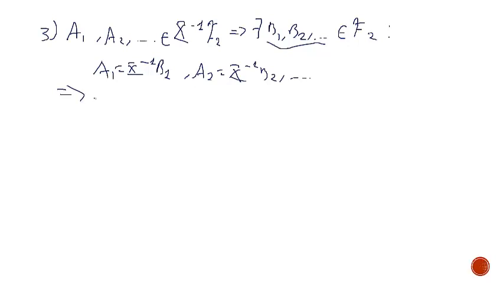So we have this union is in F2. Then the preimage of this union is in F2.